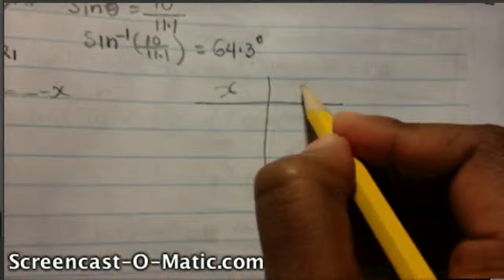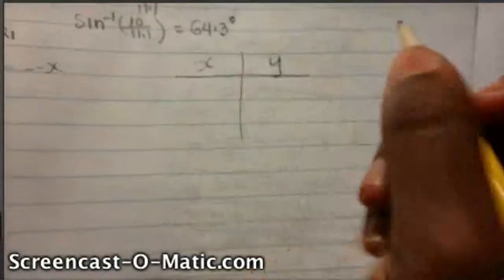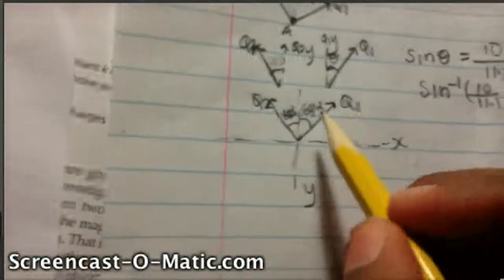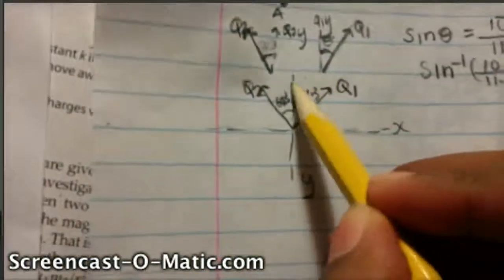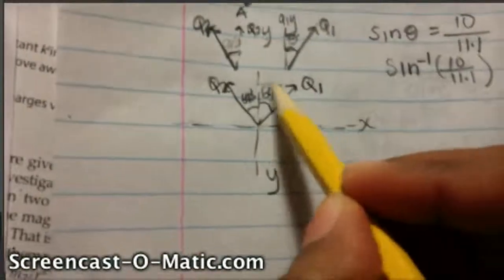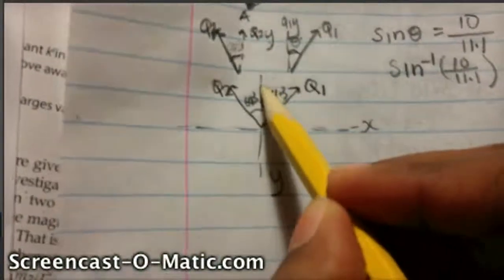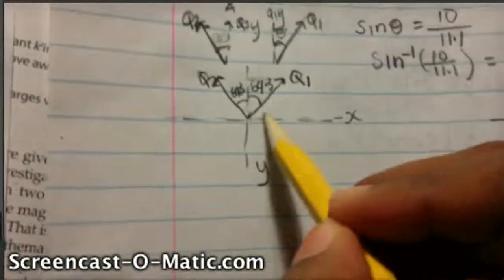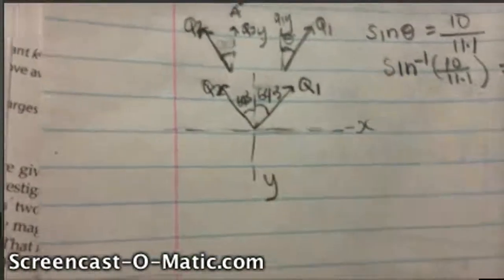So x and y. In the x direction, notice that the magnitude in the x direction is going to equal this side.